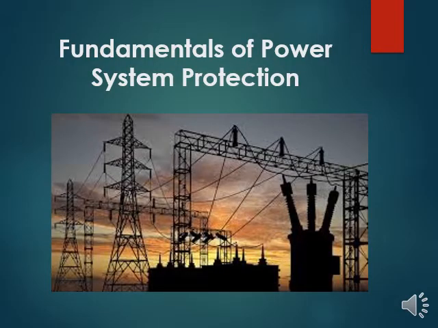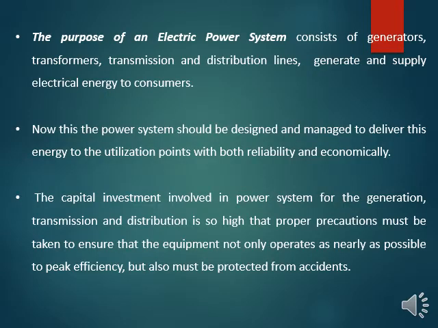Let's look at the fundamentals of power system protection. An electrical power system consists of generators, transformers, transmission and distribution lines, wherein electrical energy is generated and supplied to the consumer. This power system should be designed and managed to deliver the energy to the utilization point both reliably and economically.